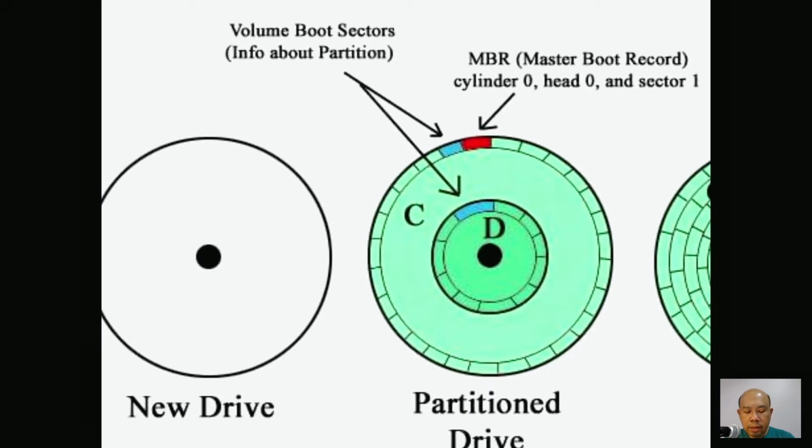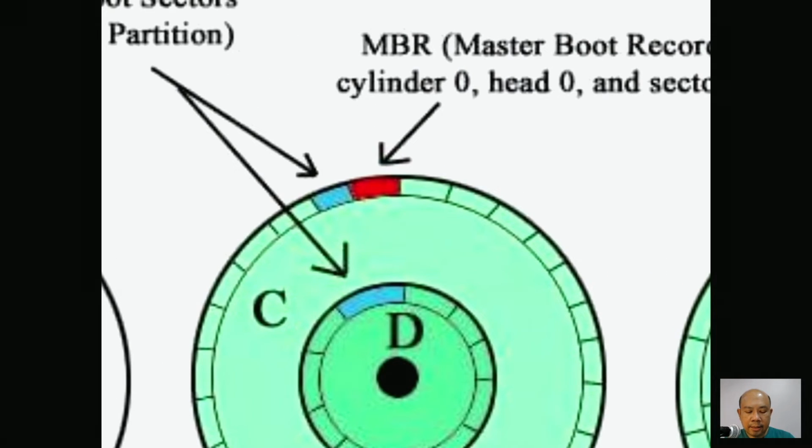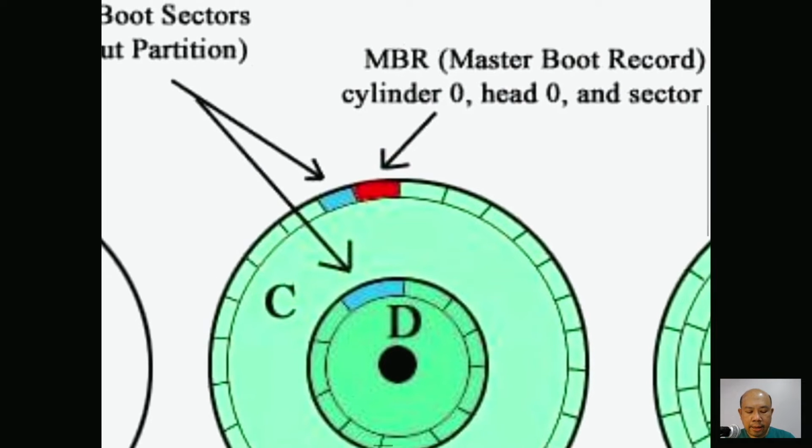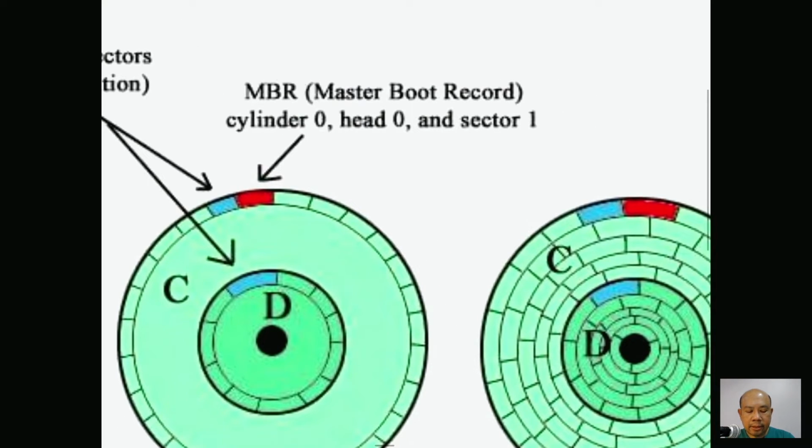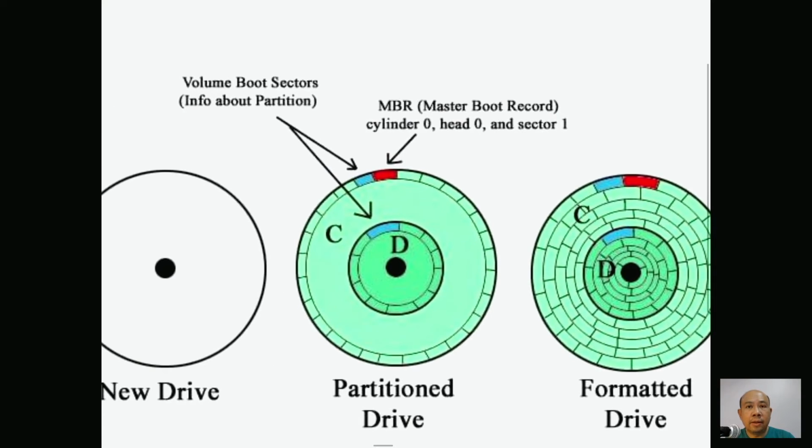The master boot record location is here in red. It is on cylinder 0, head 0, and sector 1, the first location on the hard drive. The master boot record will then point to another location for the operating system.